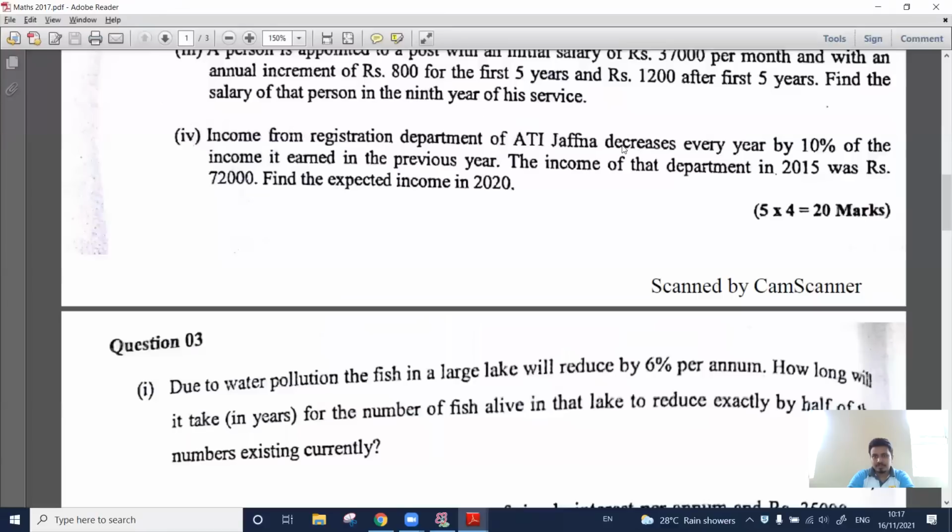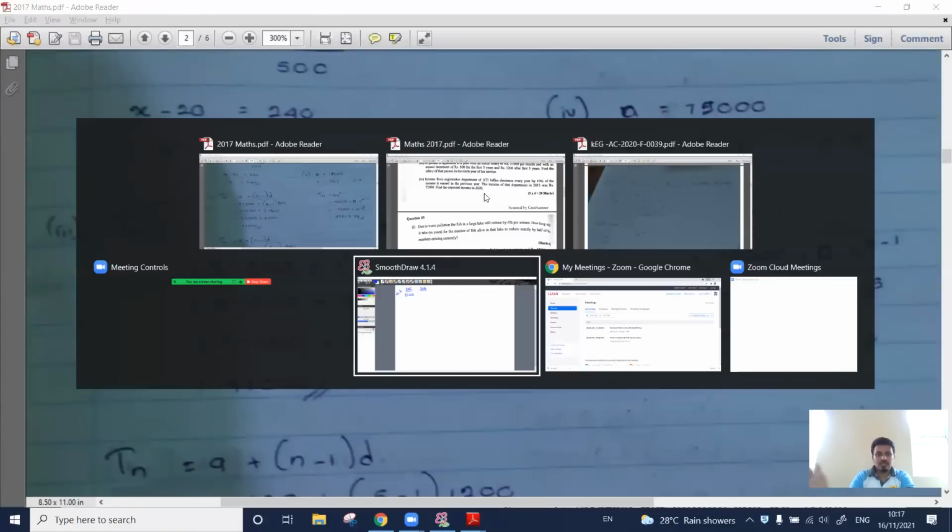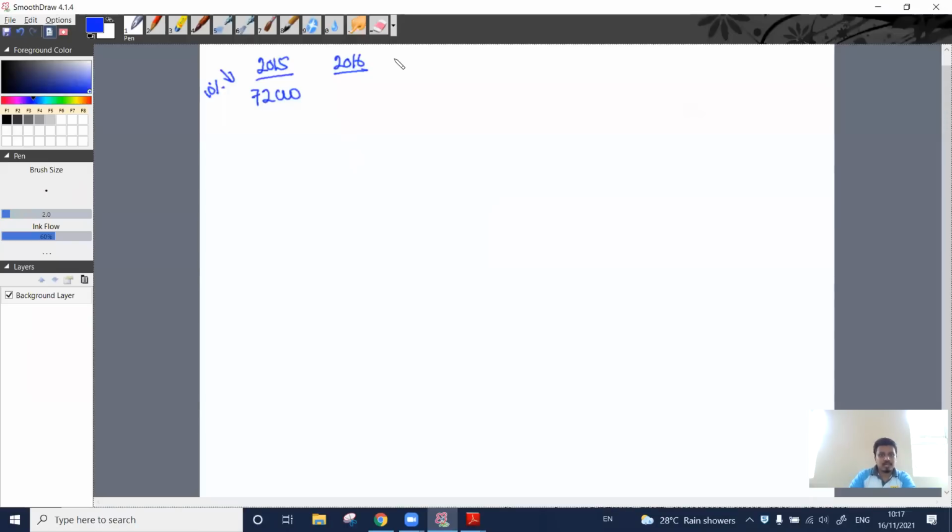We need to get their expected income in year 2020. Right? We need to get their expected income in year 2020. What is the term value we need to find?